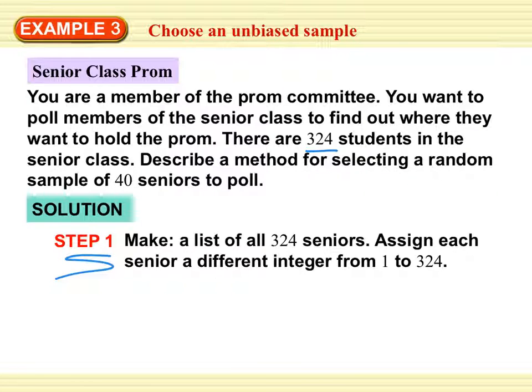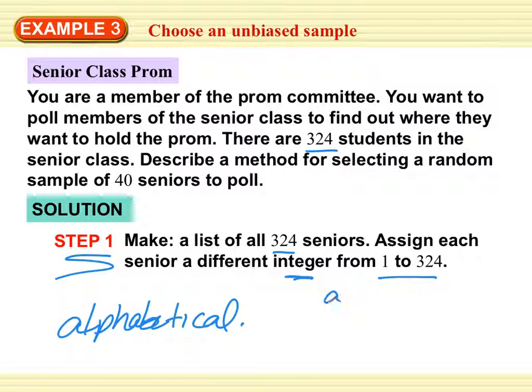So what we could do is make a list of all 324 seniors. Assign each senior a different integer from 1 to 324. I would go alphabetical. The first person with an A as a last name is 1, and the W, X, Y, or Z last name is 300 and whatever. So each person gets a different number.